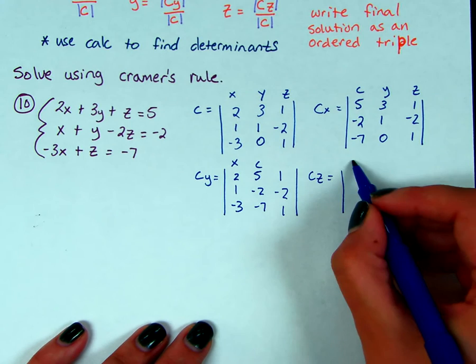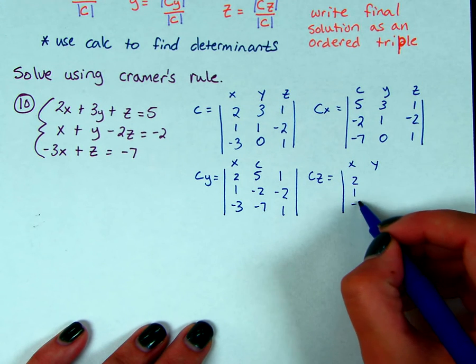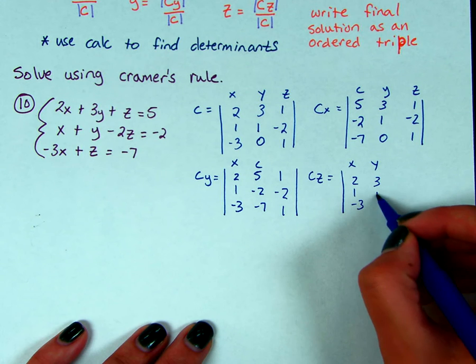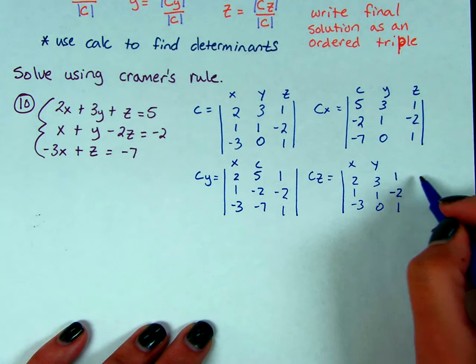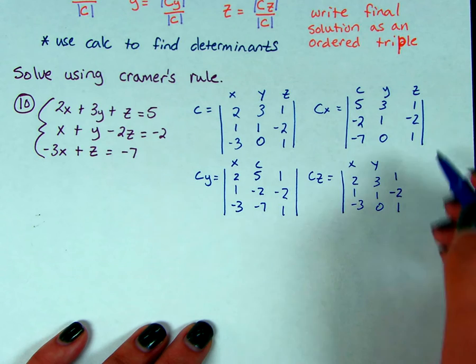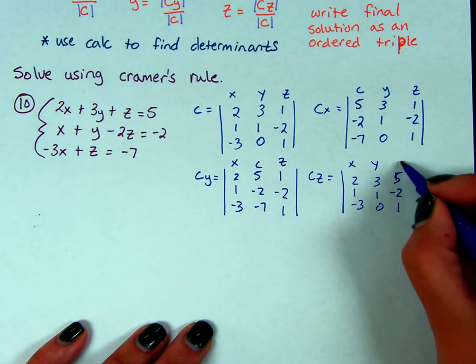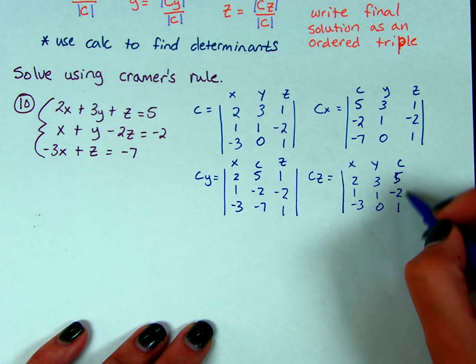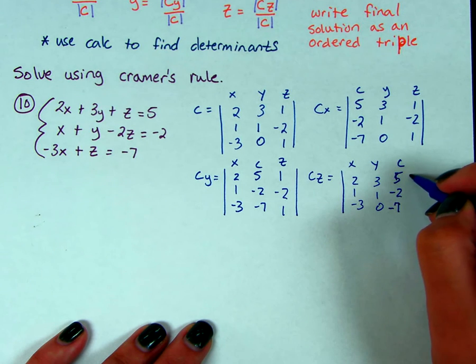So again, x will stay the same and y will stay the same. So 2, 1, -3, 3, 1, 0, and 1, -2, 1. Sorry, this should be constants. So 5, -2, and -7. There we go.